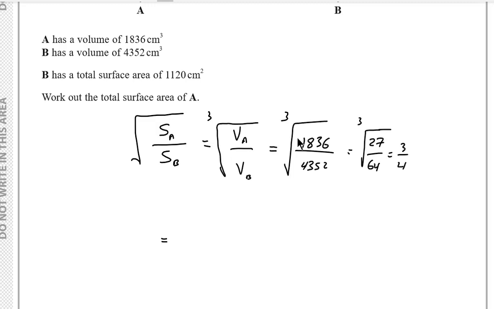After substituting with the volumes and simplifying, we have the cubic root of 27 over 64, and then we have 3 over 4. Then I will square to get SA. SA will be SB, which is 1120, times 9 over 16.